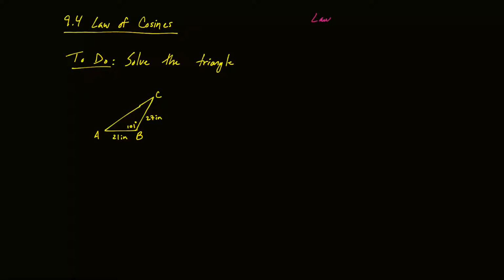The law of cosines is a variation of your Pythagorean theorem. One way of writing it is this method: a squared equals b squared plus c squared, and this is where it actually starts getting different, minus 2bc multiplied by cosine of angle A. I know this area here looks really, really weird, but I swear this is very simple.